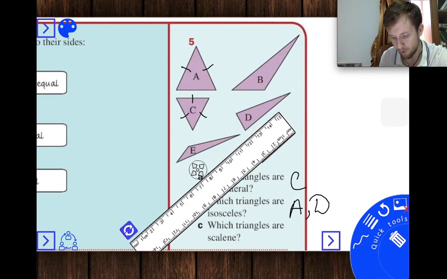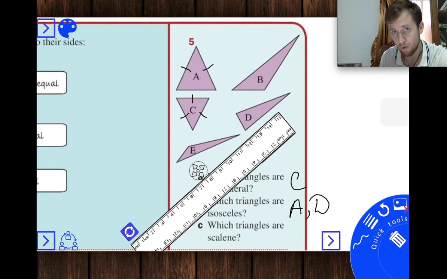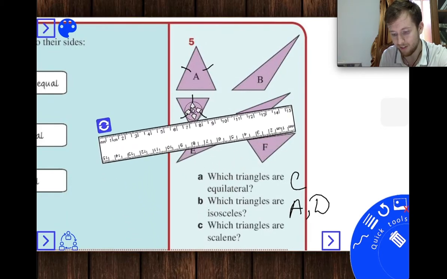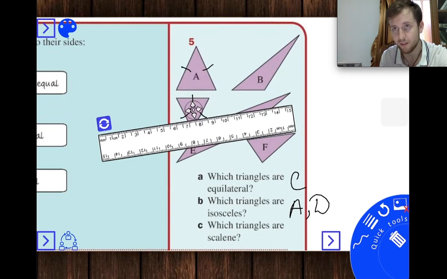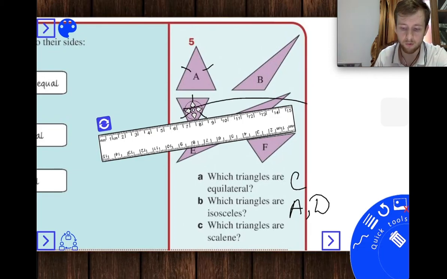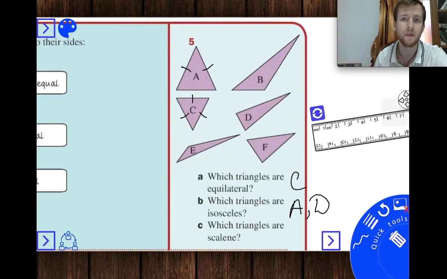So this is 3.4, and this is 3.8 or 3.7, something like that. So this is not isosceles. And the other triangles don't even look like they could be isosceles. So F, E, and B are just scalene, so it means they have no equal sides whatsoever.